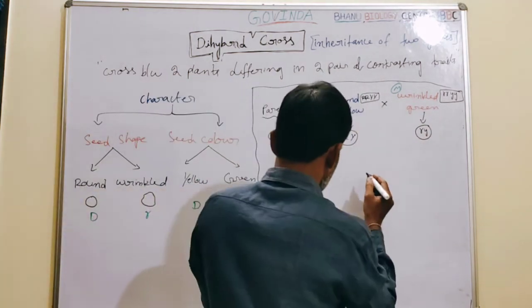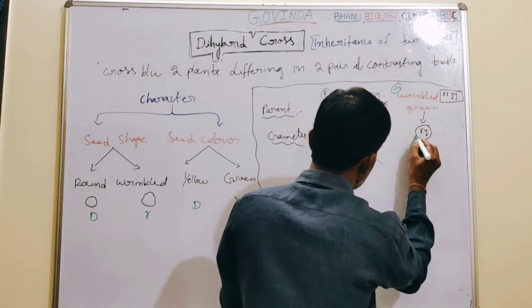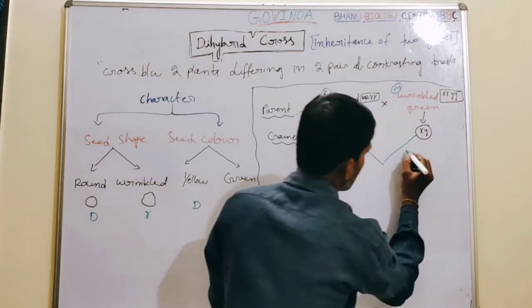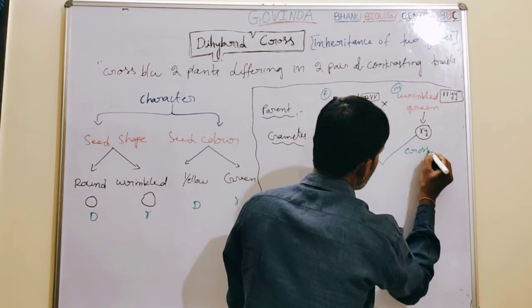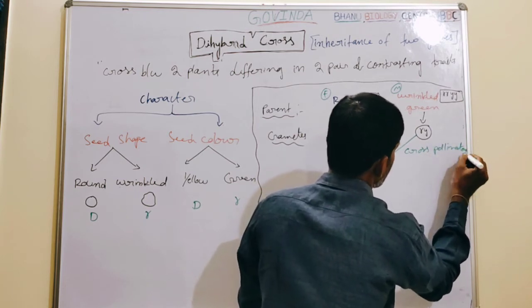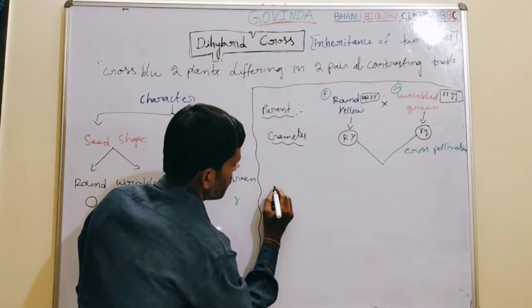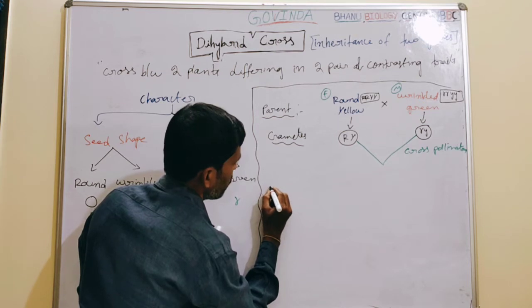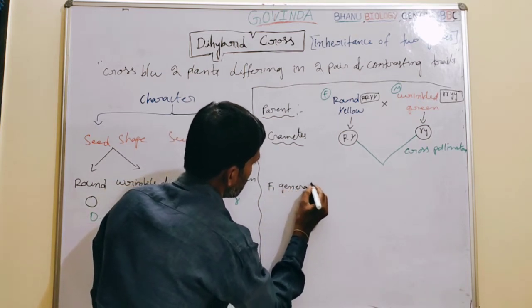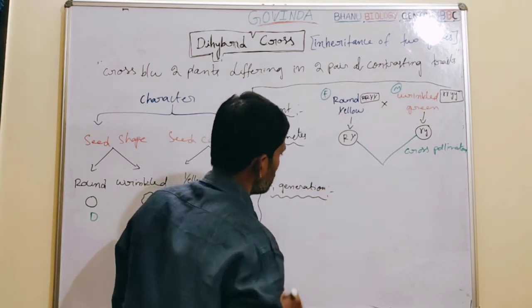Now do the cross. The next step is hybridization, that is cross pollination is done here. Due to the cross pollination, we get the first generation, that is the F1 generation or first filial generation. Whatever term you like, you can use here.